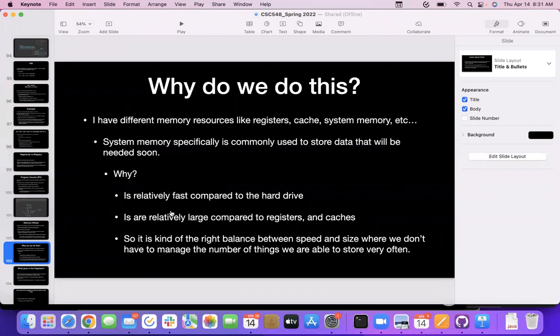All right. And at the end of the day, whenever we double click on an application to load it, it has to load the bytes associated with that application into system memory. So system memory is always relatively fast compared to your hard drive, but now we have performance memory, faster megahertz, gigahertz, DDR3, DDR4, these different memory technologies that make the memory access times faster and faster.